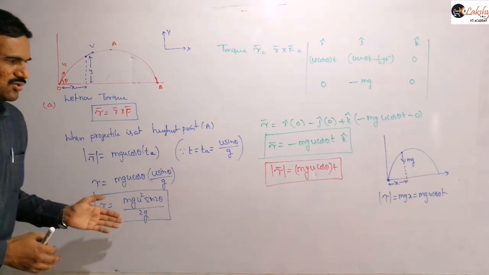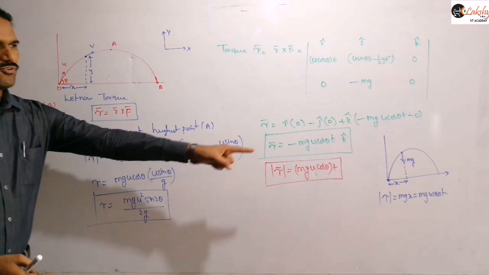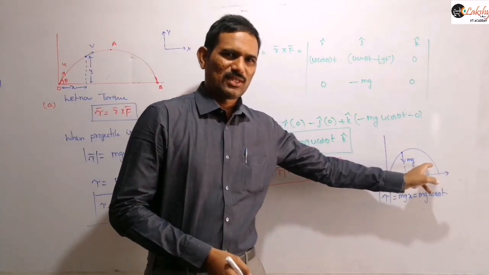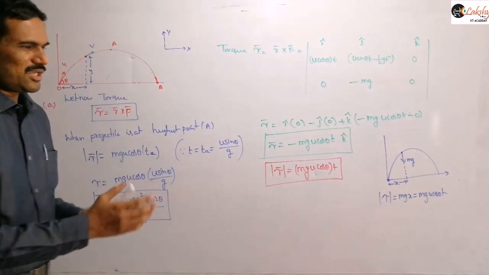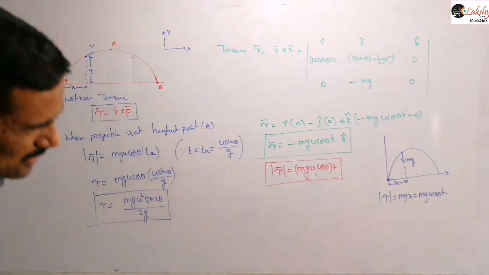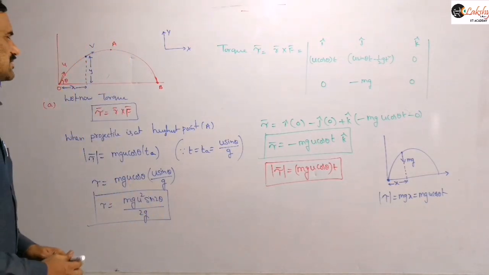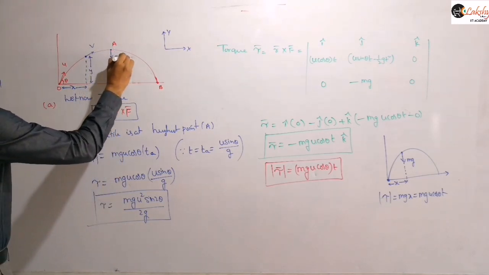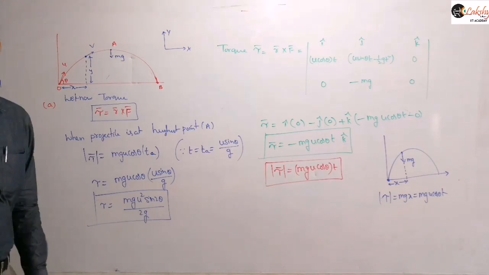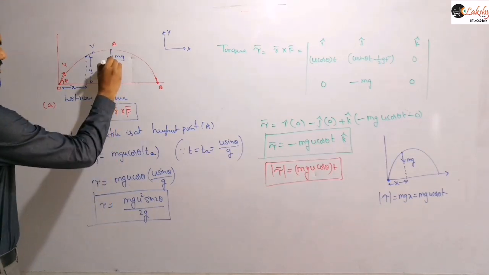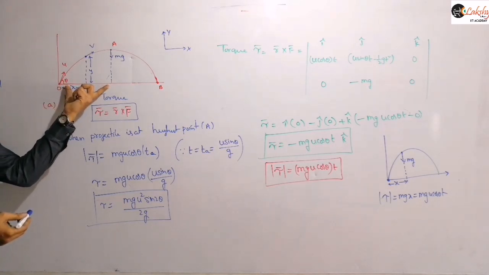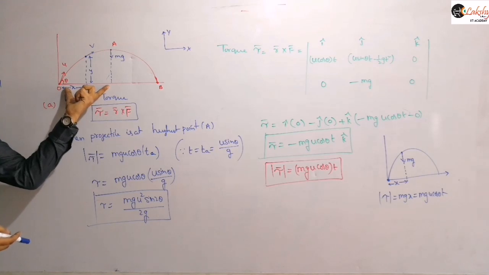Now this value you can also write easily using this concept at the highest point. Let us identify the force and the position of the particle. The particle is here, and the force mg is acting vertically downwards. The perpendicular distance from the line of action of force is this distance, which is R by 2, half of the range.